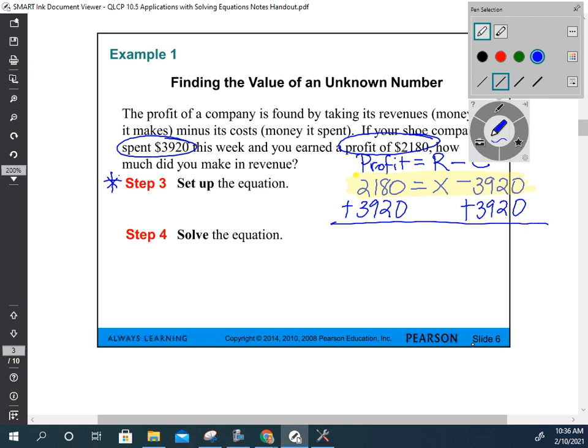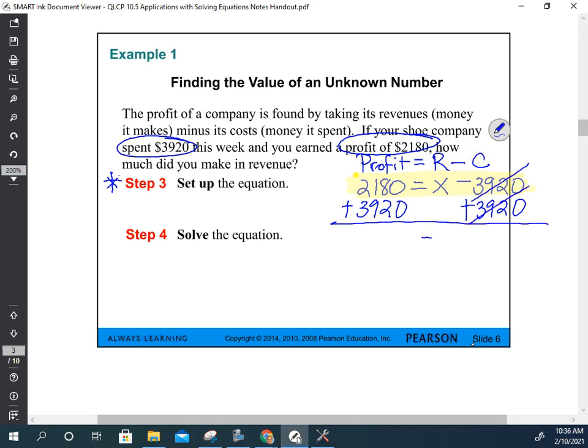Add those on both sides. So X, which is your revenue, is those two numbers added up. So how much does this shoe company make?